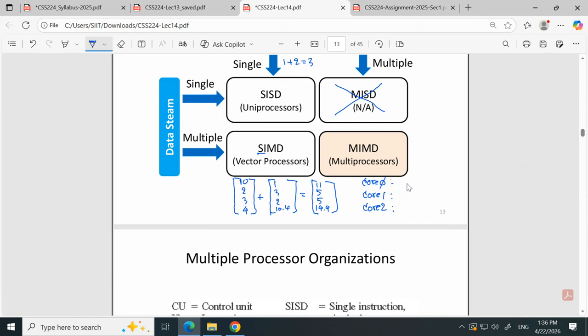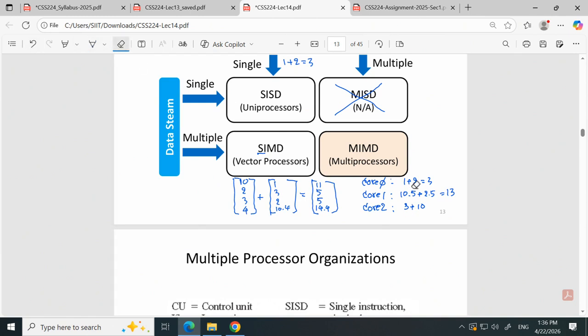And this core computes 1 plus 2. Maybe it doesn't have to be just additions. Let's say minus or times.